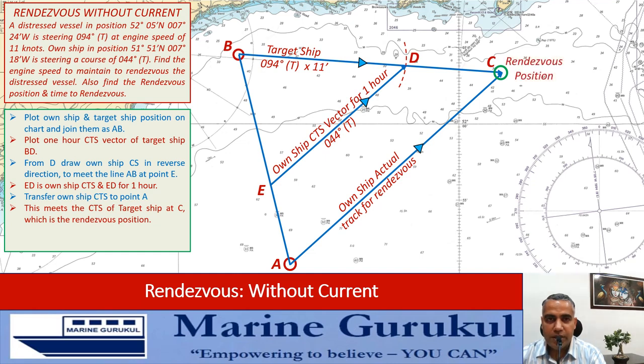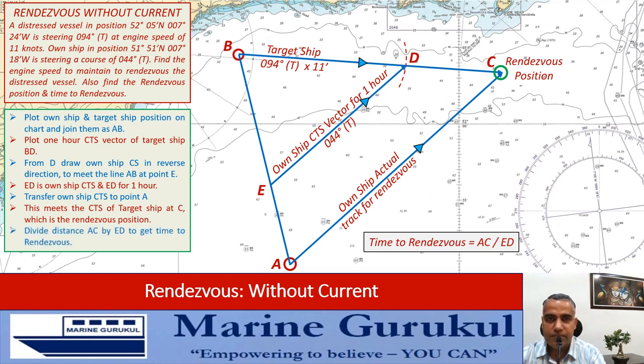To obtain the time of rendezvous, we measure the total distance to be covered by own ship, which is given by vector AC, Alpha Charlie, and we divide it by our engine speed, that is given by vector ED, Echo Delta, which was calculated earlier.